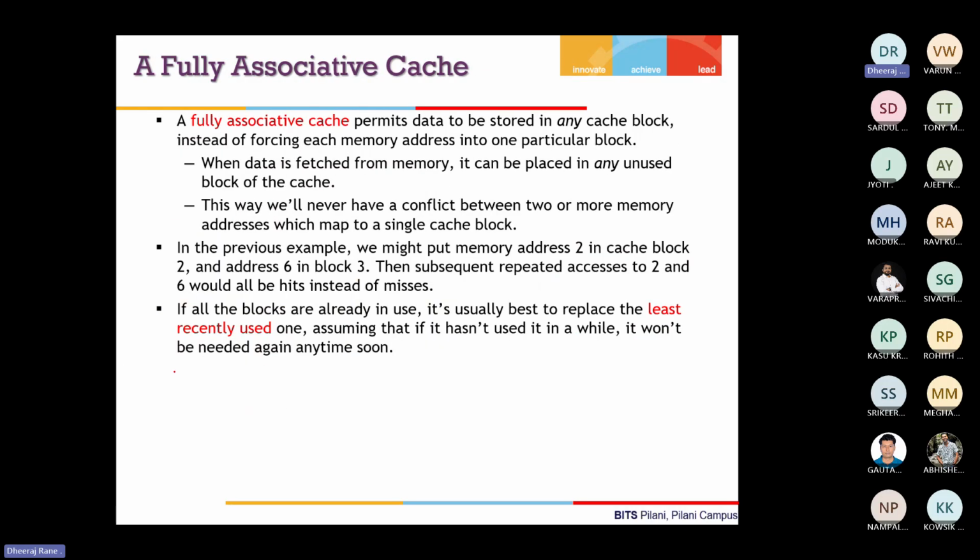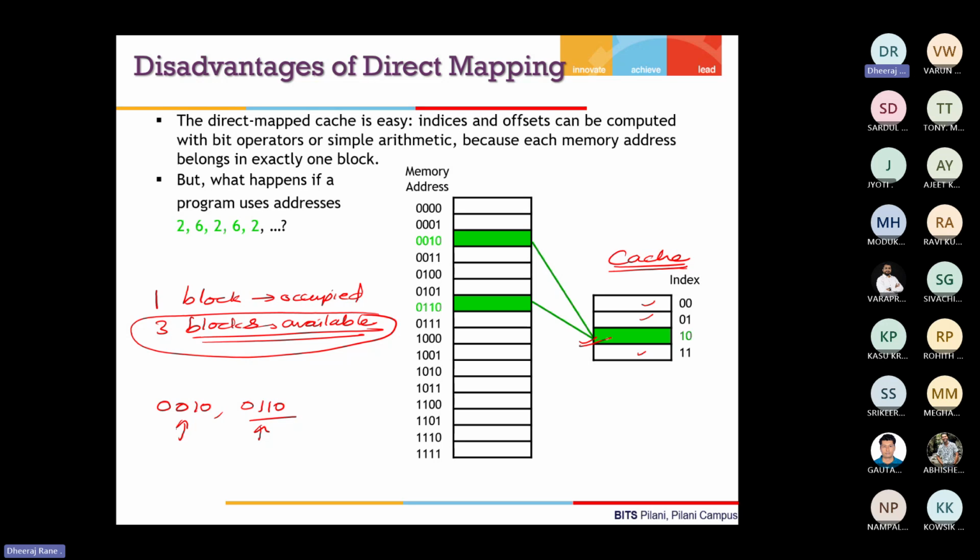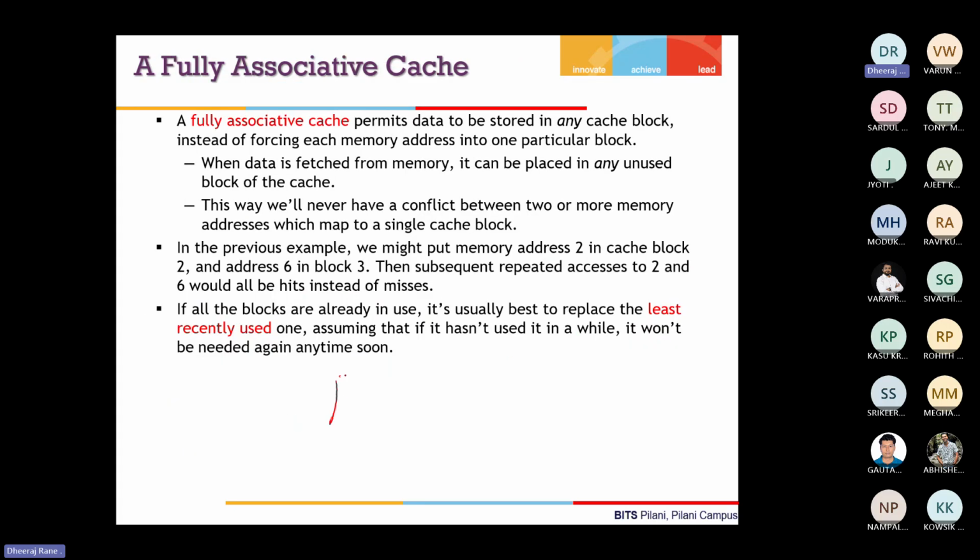So can we have the other extreme? So this is the one extreme where a specific block is being designated, and in case others are also available, then also we will not be having an option. The other extreme can be, can I have a freedom that among the four blocks, I can put the data anywhere, right?